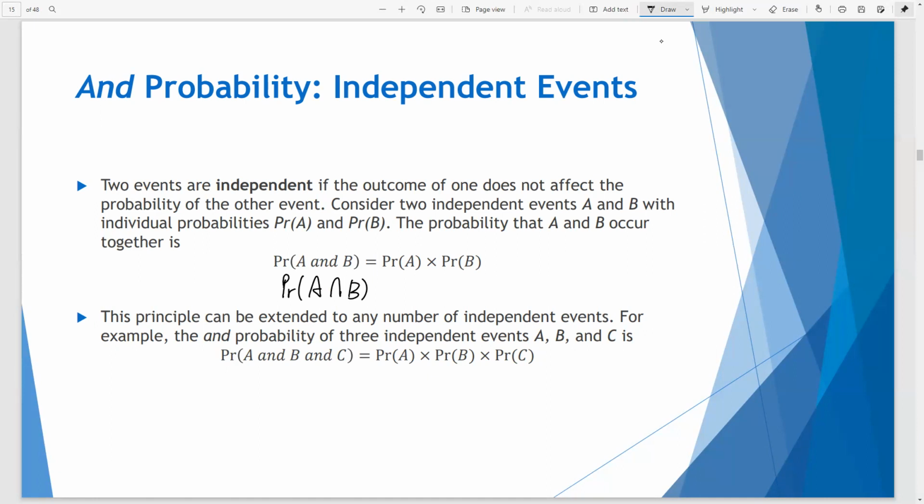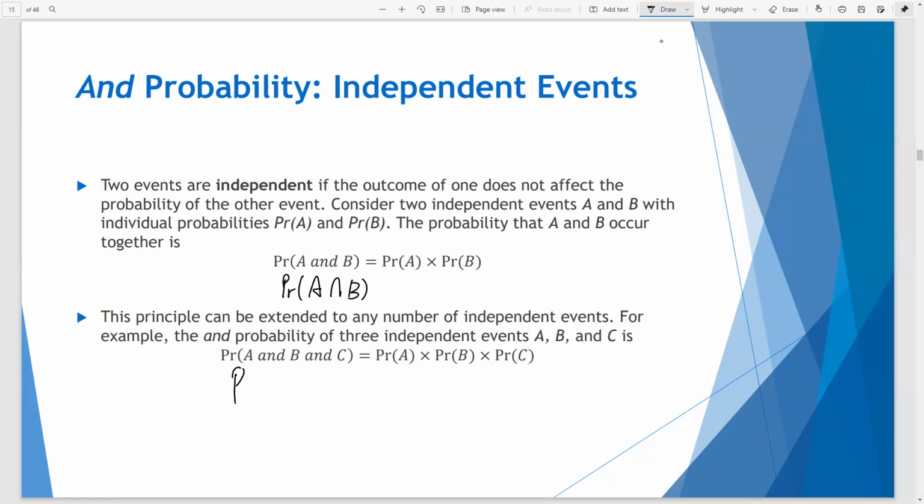And this principle can be extended to any number of independent events. For example, with three independent events, A, B, and C, you can multiply them together.